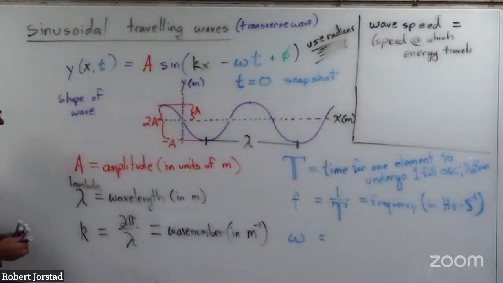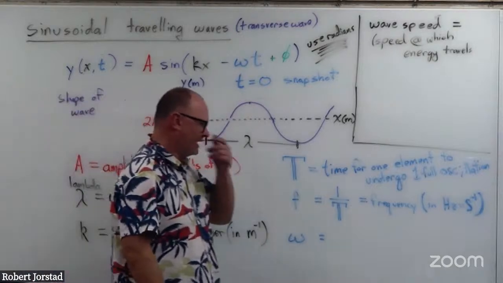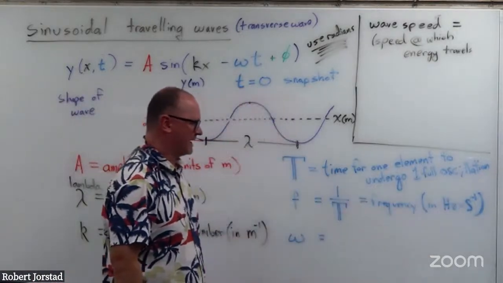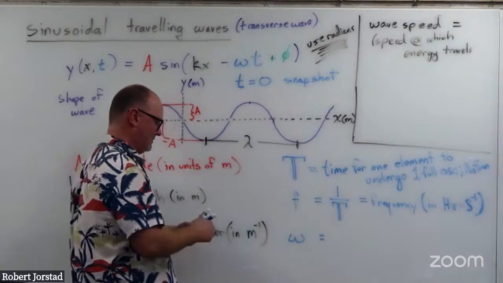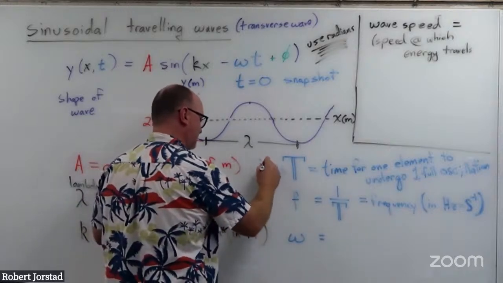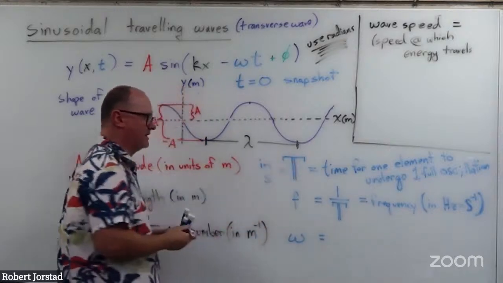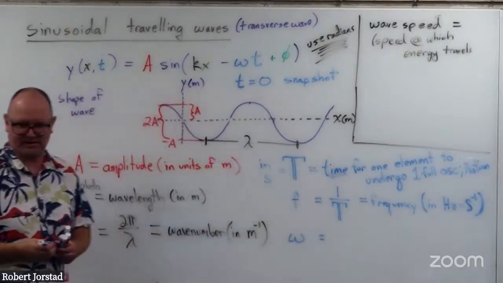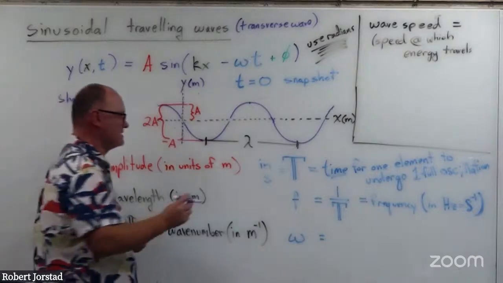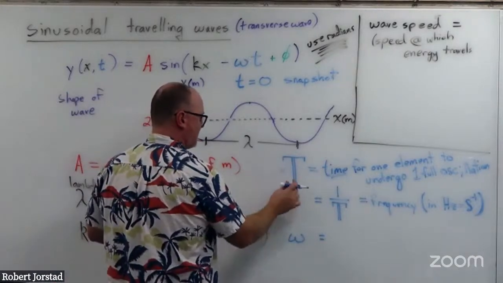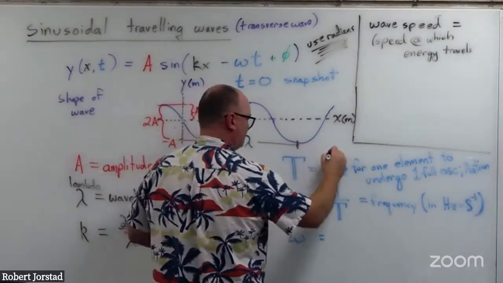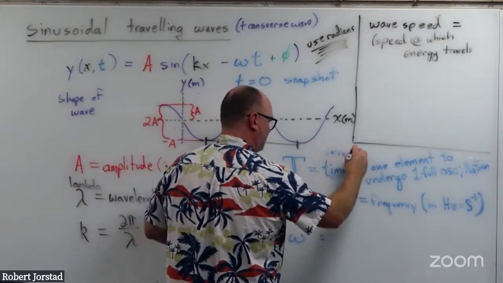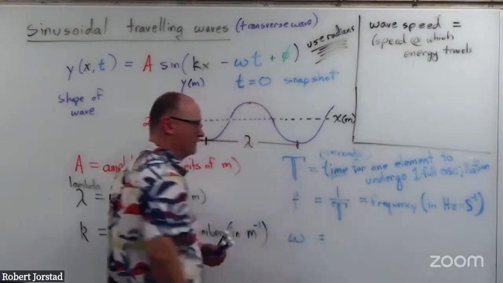Okay, f is frequency in hertz, or 1 over seconds, or seconds to the -1. To be clear, period is a time. Time is measured in seconds. I didn't have room to write the units in, so I'll write it like that.